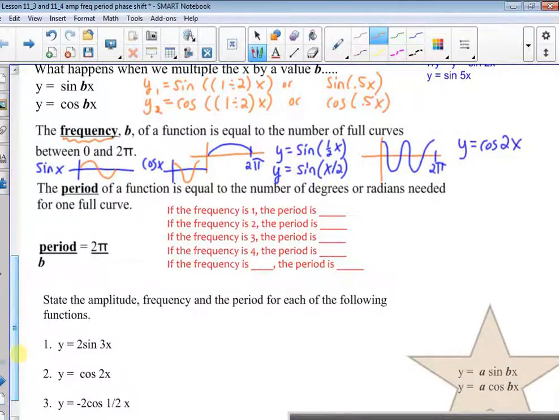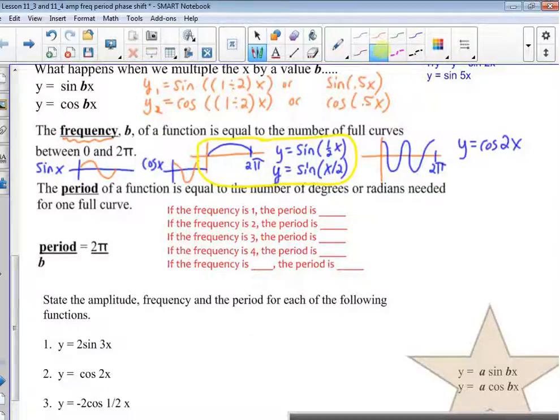Okay, so the period of a function is basically at what point do I get a full curve in. So if you look at this example right here, I'm only getting half a curve in by 2 pi, so I'd get the rest of it in by 4 pi. That's the period.